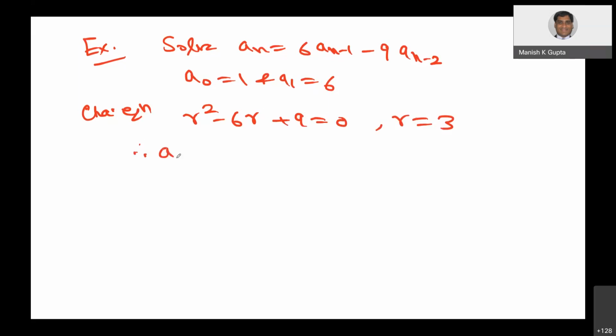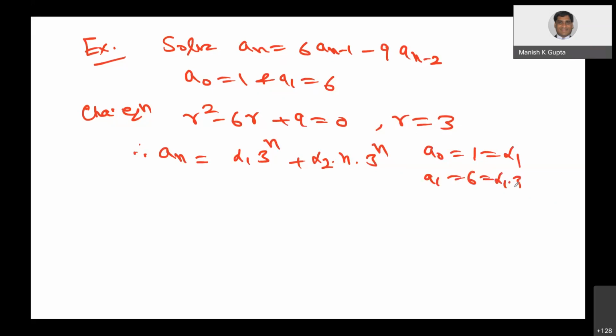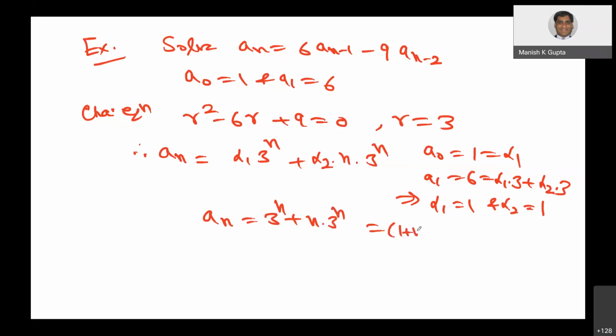Therefore, from the previous result, an will be alpha 1 times 3 raised to power n plus alpha 2 times n times 3 raised to power n. Using initial conditions, a0 is equal to 1 is equal to alpha 1, and a1 is equal to 6 is equal to alpha 1 times 3 plus alpha 2 times 3. So this implies that alpha 1 is equal to 1 and alpha 2 is equal to 1. So an turns out to be 3 raised to power n plus n times 3 raised to power n, which is nothing but (1 plus n) times 3 raised to power n. Right?